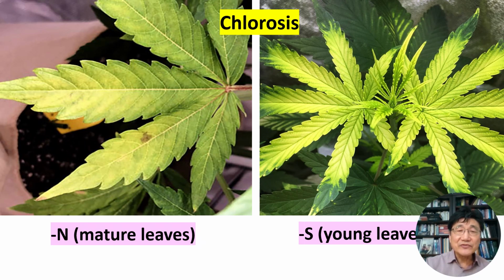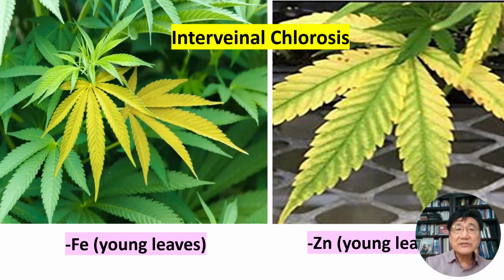Chlorosis refers to the yellowing of leaves due to insufficient chlorophyll production.